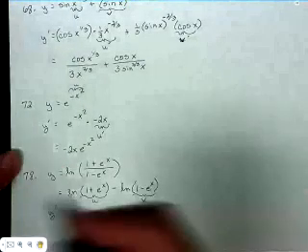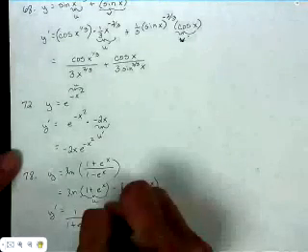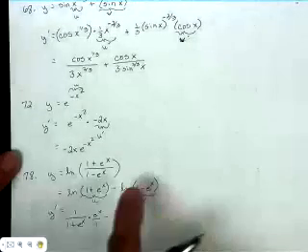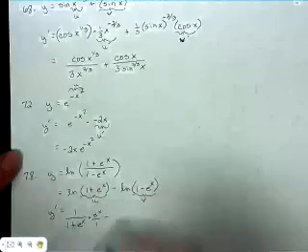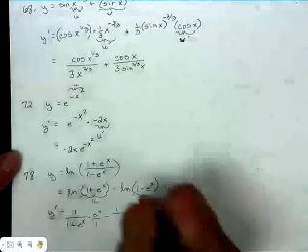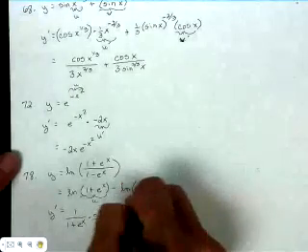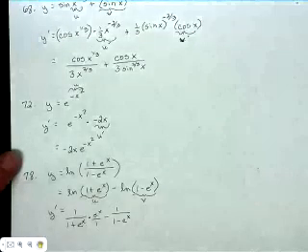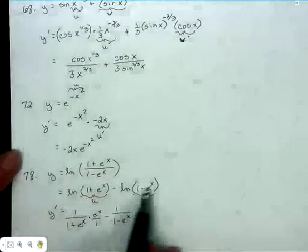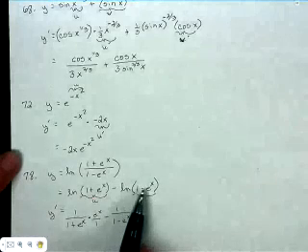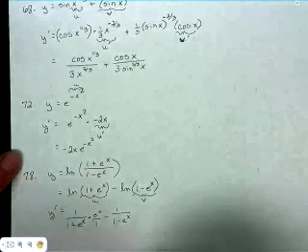Then the second term, the derivative of natural log of v, is 1 over same old natural log of v times the derivative of the v. The derivative of negative e to the x is negative e to the x.